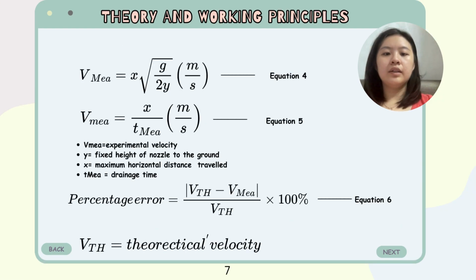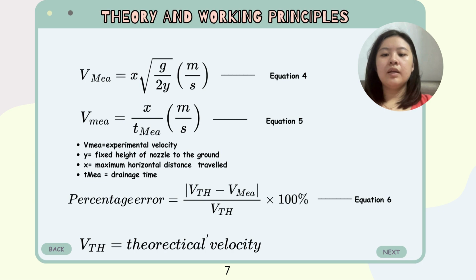Here are the next three equations, which are equations 4, 5, and 6. Equations 4 and 5 are used to calculate the experimental velocity, where y is the fixed height of the nozzle to the ground, and x is the maximum horizontal distance traveled.